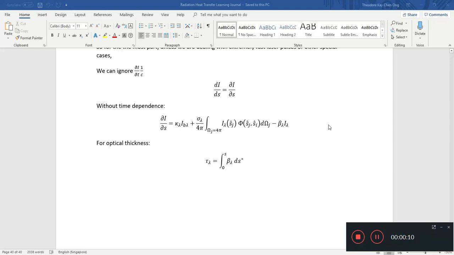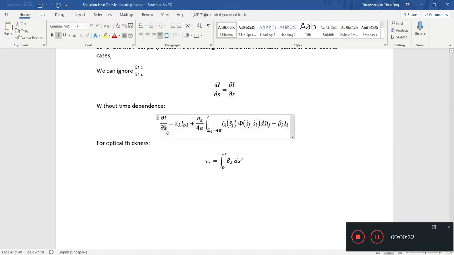In the last video, we talked about when the radiation transport equation can ignore this time-dependent term. In this video, we want to start including this optical thickness into our radiation transport equation. That will make it a more relevant thing.